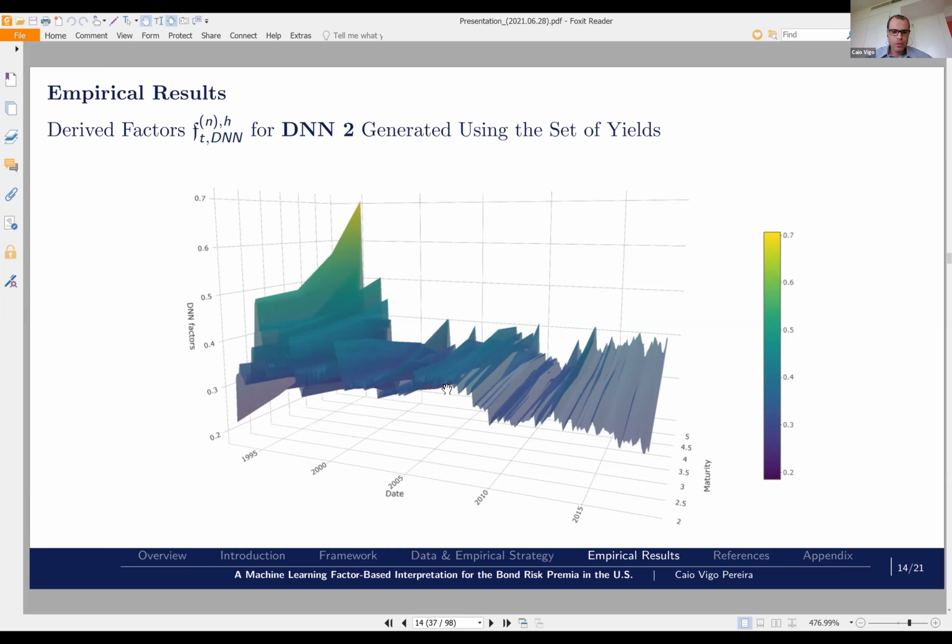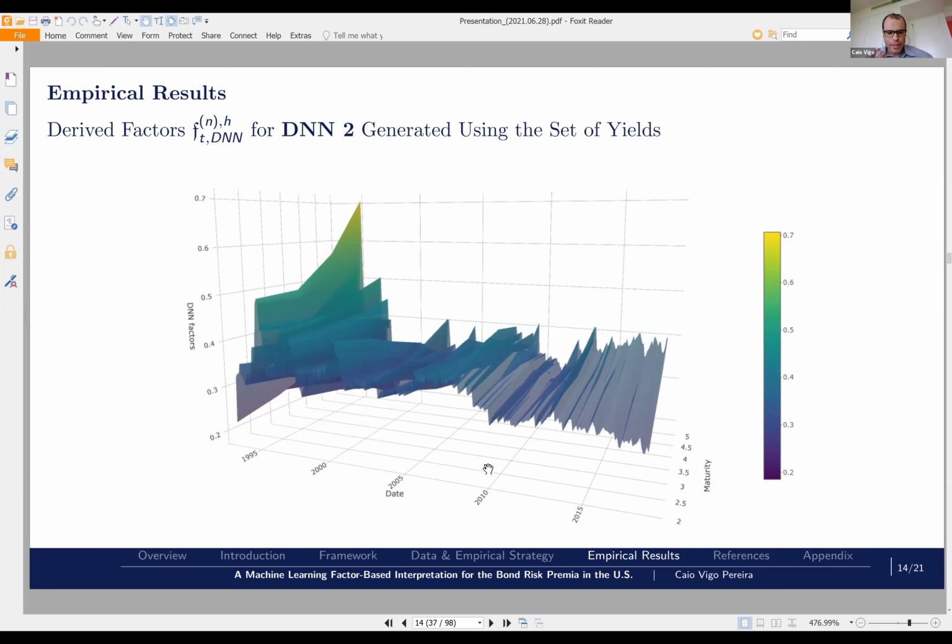The takeaway of this figure is that as you go longer, in the beginning of the process there's an erratic process, but then it stabilizes, and it's always a positive slope, as is the yield curve. And it also flips during a recession. So in 2001 and 2008, we see the DNN factors flipping.